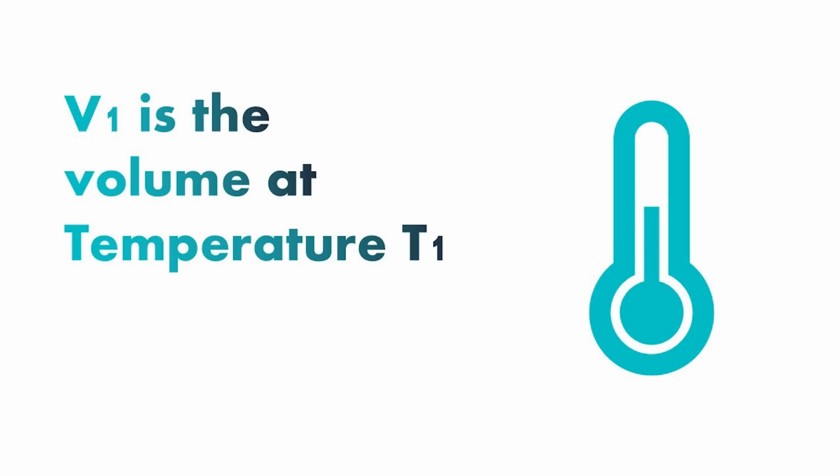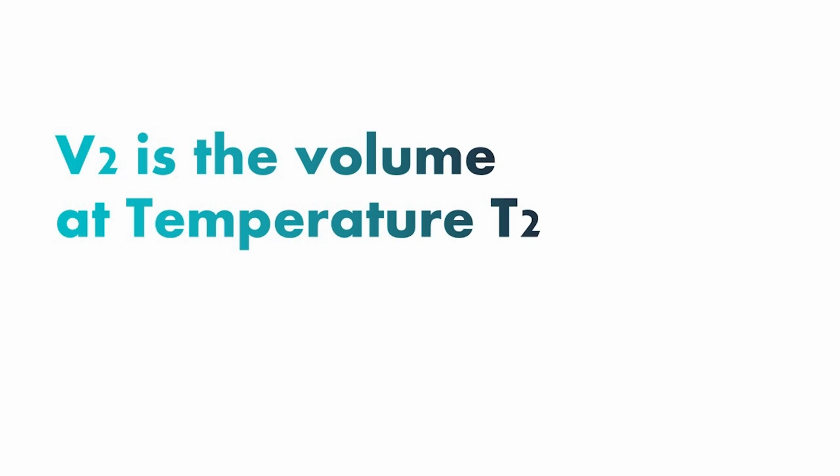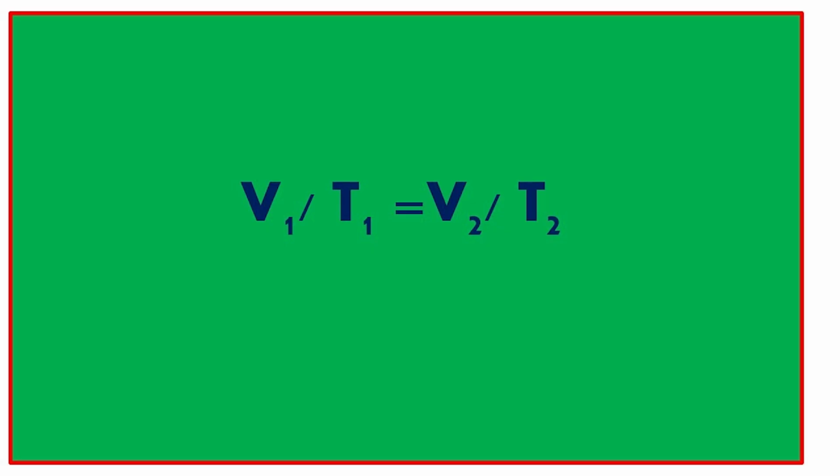That means V1 is the volume at temperature T1 and V2 is the volume at temperature T2. So we can write the equation for Charles' law. Already we found that V by T is equal to a constant. So our modified equation is V1 by T1 is equal to V2 by T2. This equation is applicable for two different states.